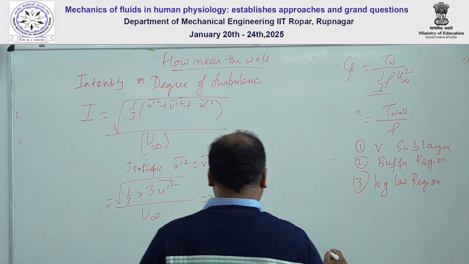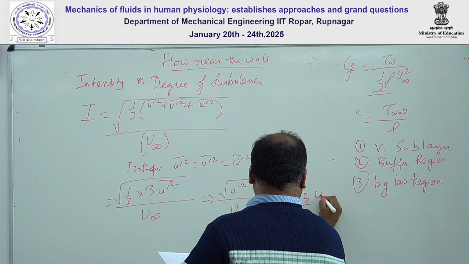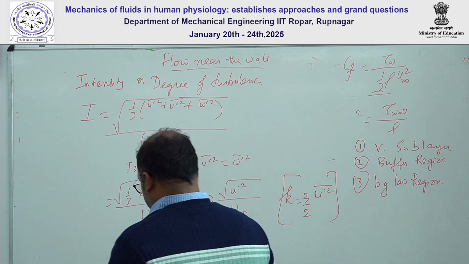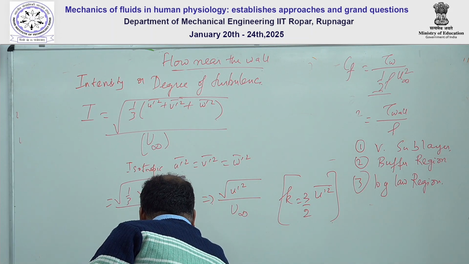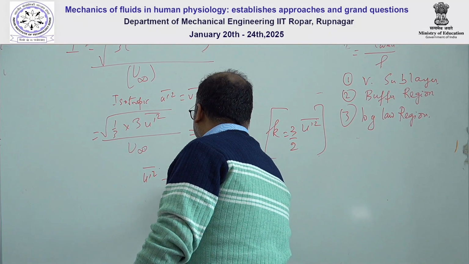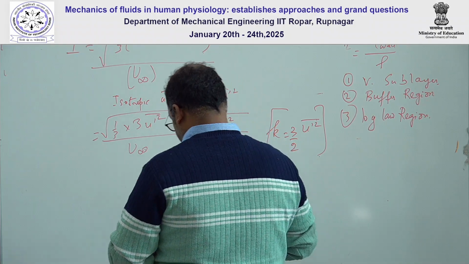And you remember the kinetic energy is 3 by 2 u dash square. So u dash square for isotropic turbulence, you can write as 2 by 3 kinetic energy.